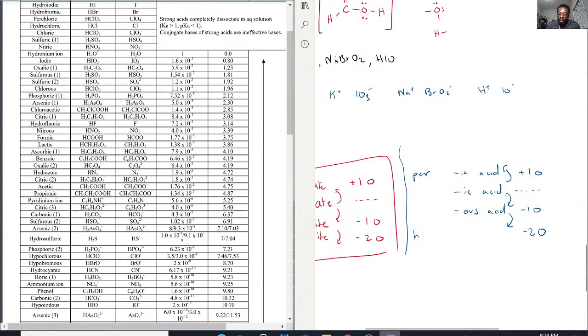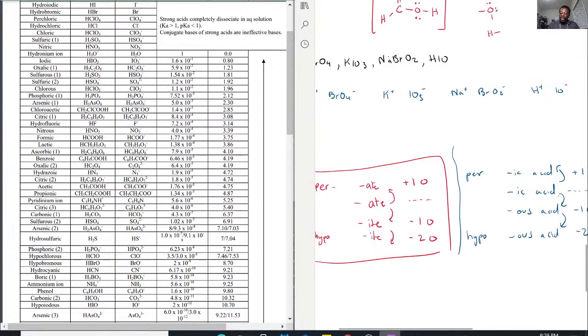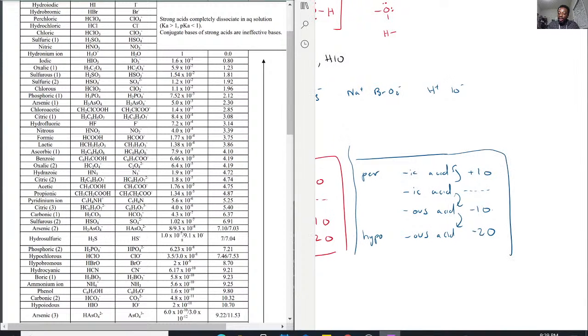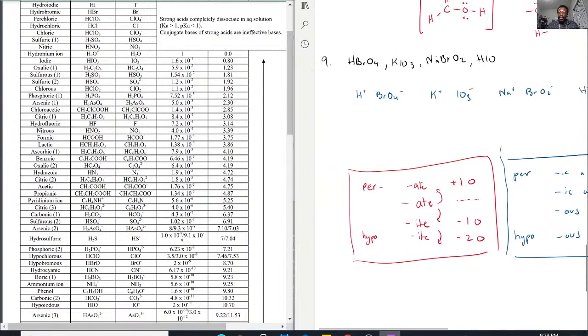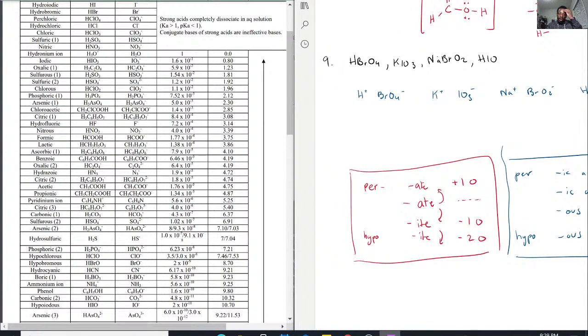So it still keeps the hypo, and it's still the ous, but you still have acid. So these are the two rules I would try to abide by. When you're dealing with things that aren't acids, you refer to this side here, the red.